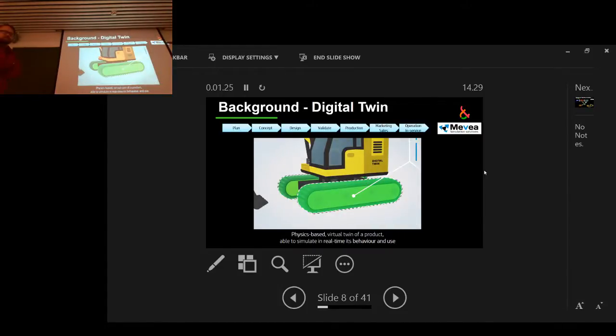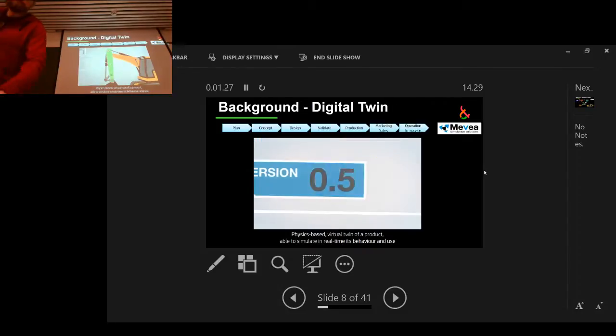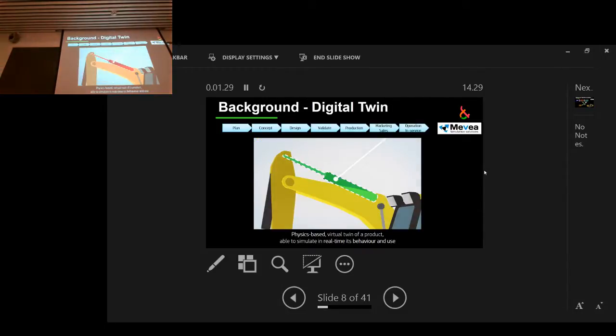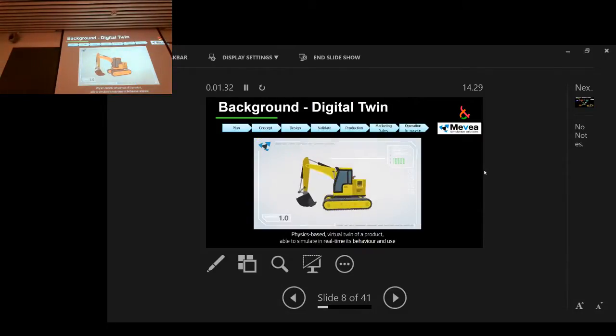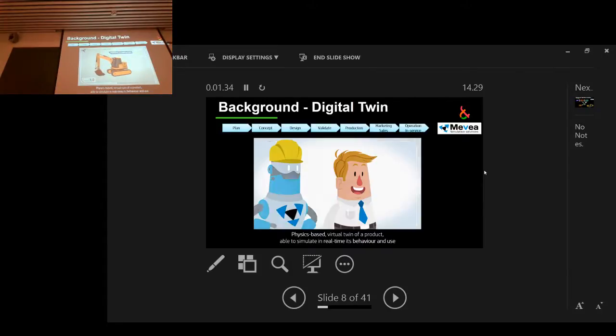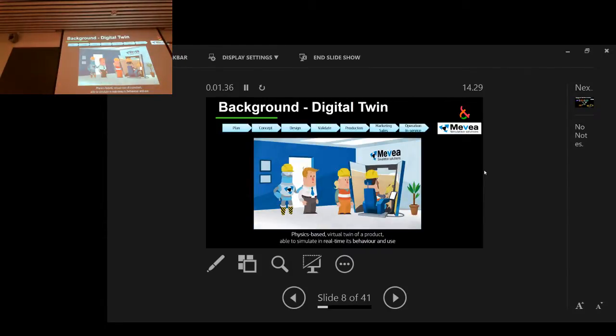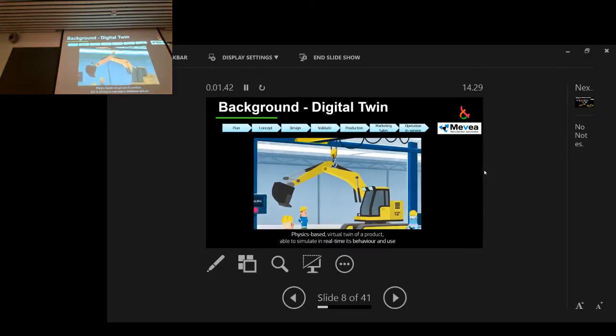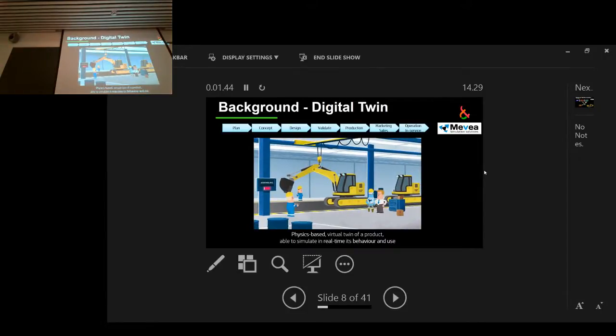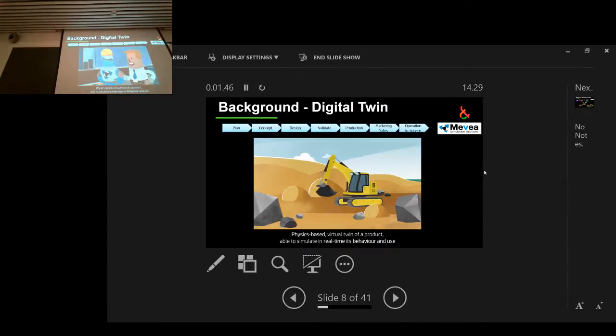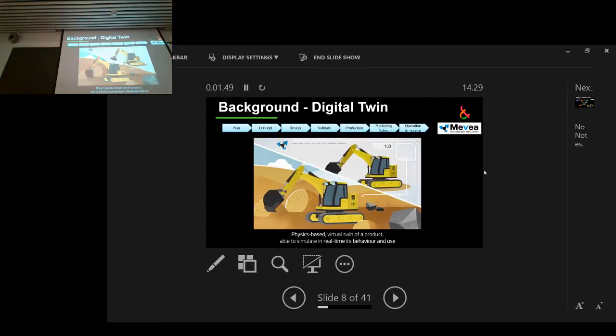The digital twin can be inspected and modified when necessary, and stakeholders can also get involved in the development process at an earlier stage. The rapid development iterations that the digital twin enables will result in fewer prototypes, reduced costs, and faster lead times. Moreover, Mevea's solutions allow operators to use the simulation for training, which means they will be qualified to use the machine before it even exists. The digital twin lives and evolves throughout the life cycle of the product.